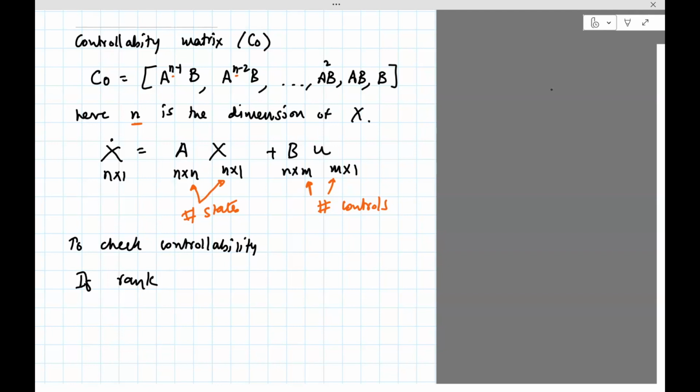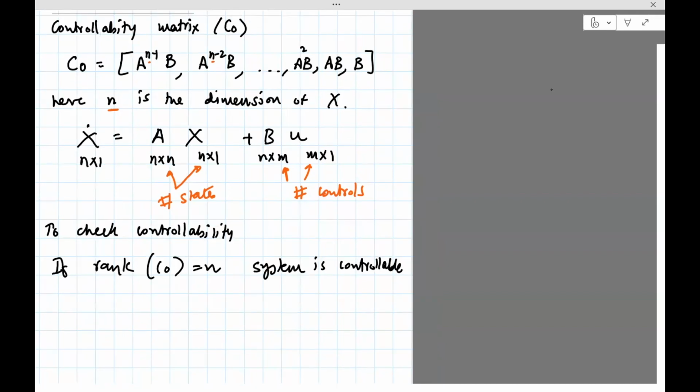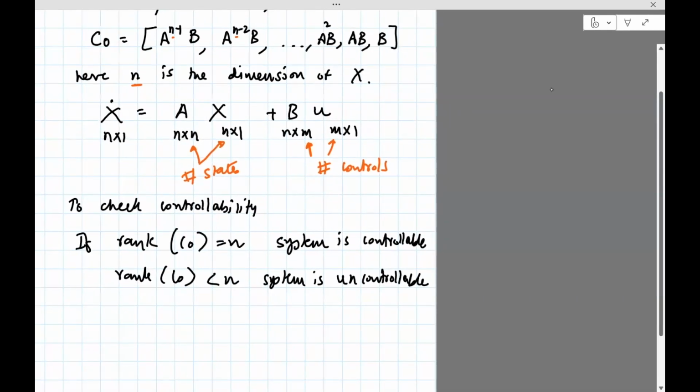And if the rank of CO is less than n, the system is uncontrollable. Okay, so it's as simple as computing CO, the controllability matrix, and then figuring out what the rank is.